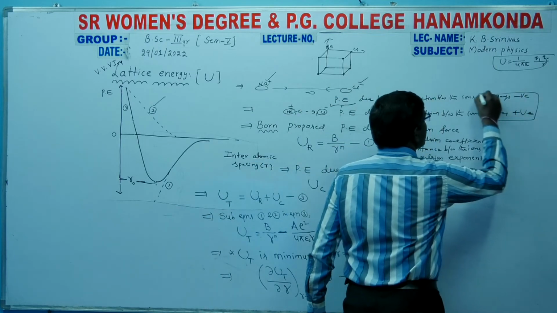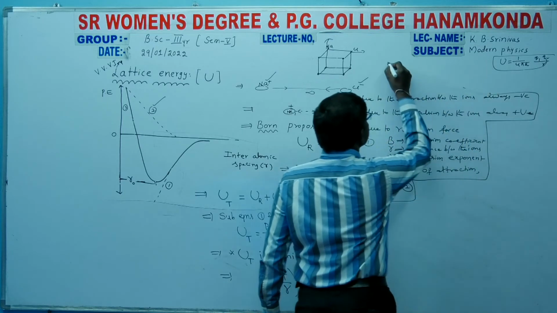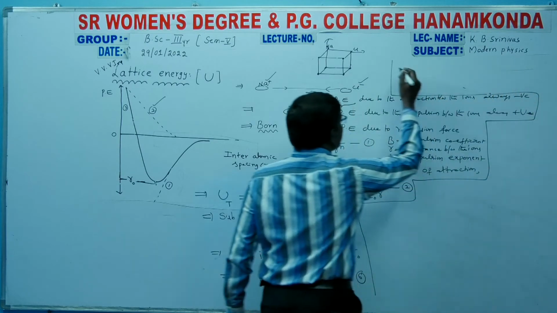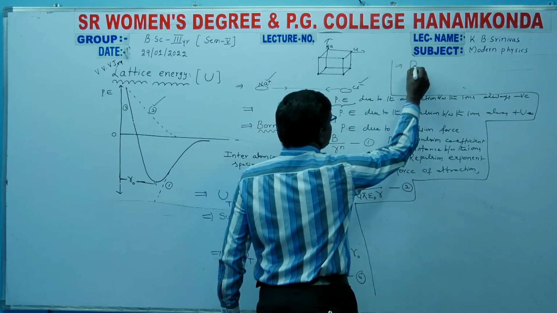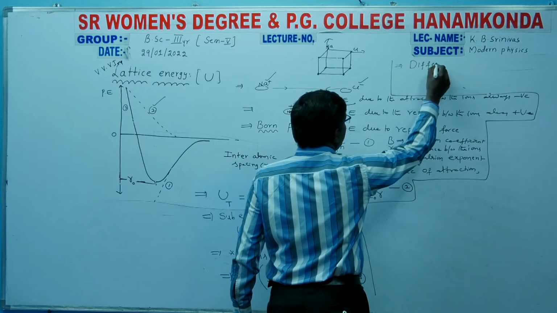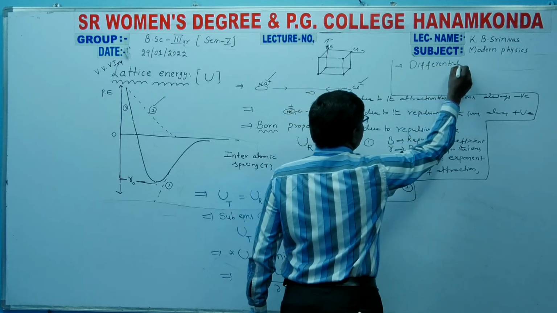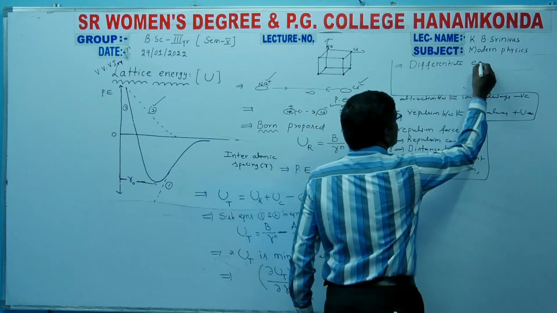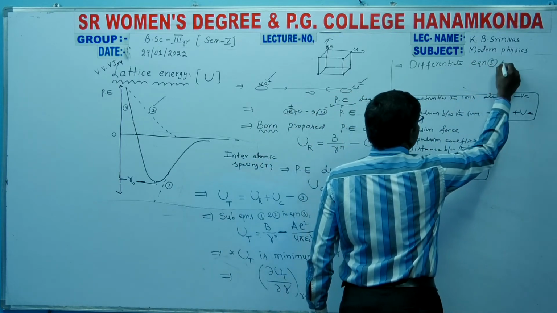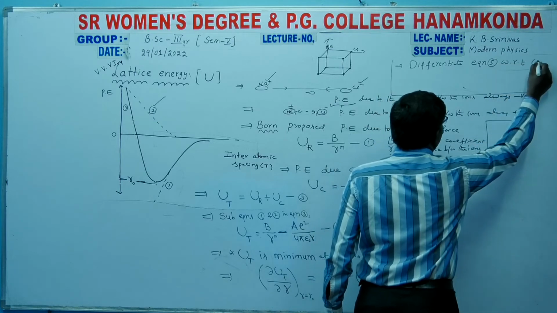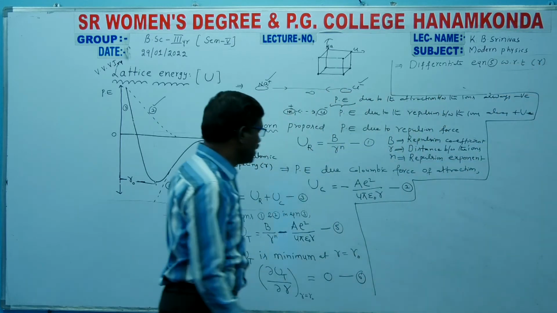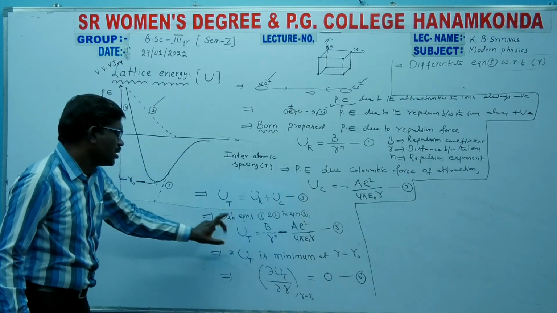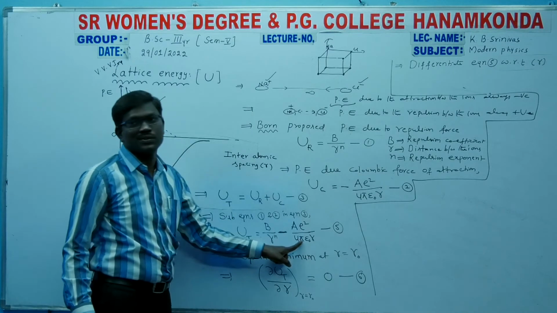One of the important questions in this third part. See, what is the next step? Differentiate equation 5 with respect to small r. What is equation 5? That is the total potential energy due to repulsion forces and attraction forces.